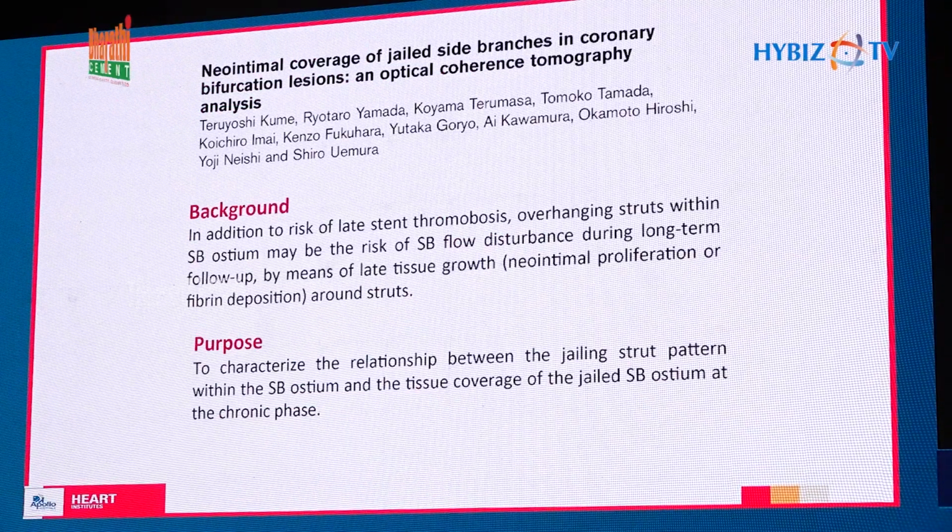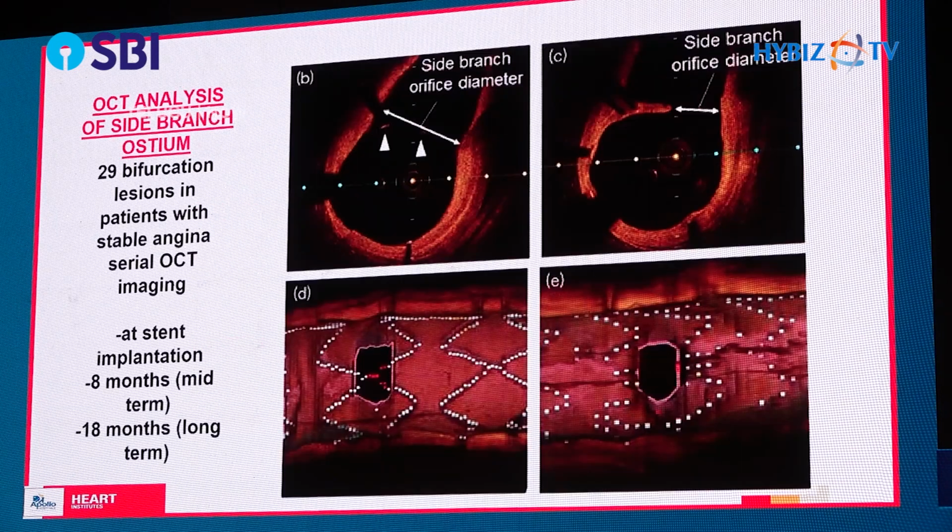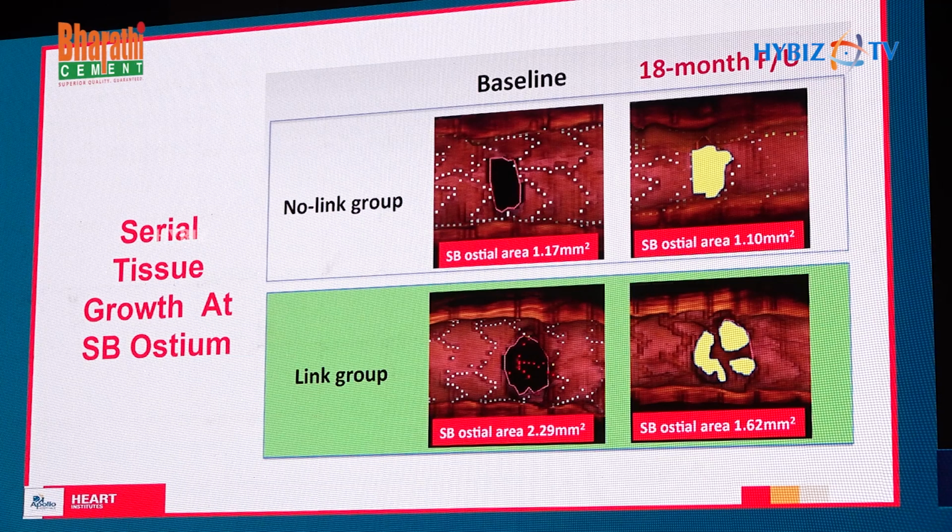Some years back, it was shown that for a jailed side branch, it all depended on the side branch width. If the side branch diameter was small and the struts were across, then gradually with time, the side branch started having restenosis.